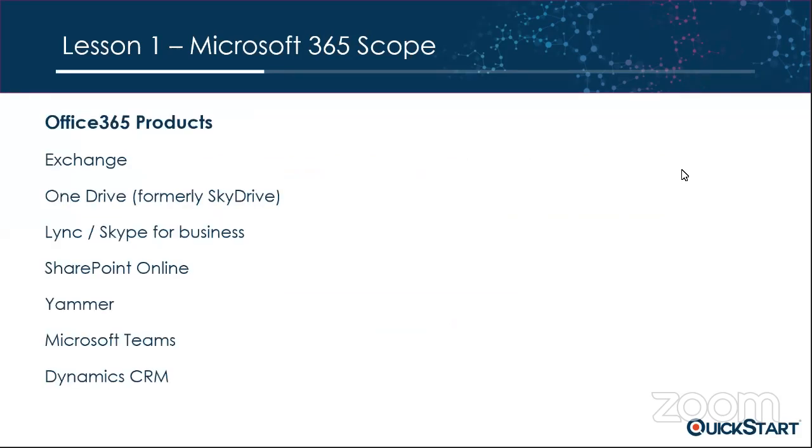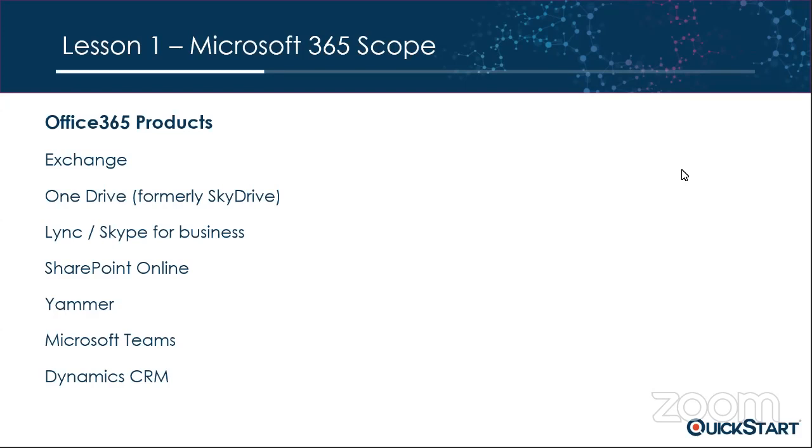Okay, so before going to the designing and the implementation, let's discuss the products that Microsoft is offering, the on-premise applications that we were used to. Now they are offering everything based on the cloud. So these are the main applications that they are offering. You can see Exchange, OneDrive, Skype for Business, SharePoint Online, not SharePoint on-premise, Yammer.